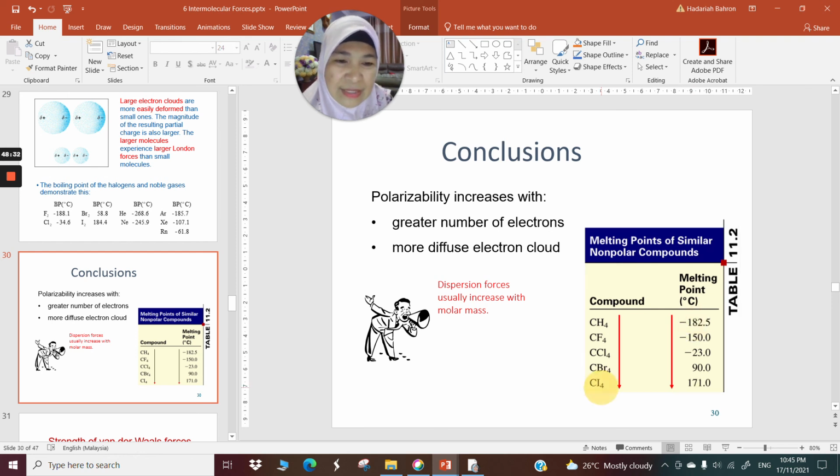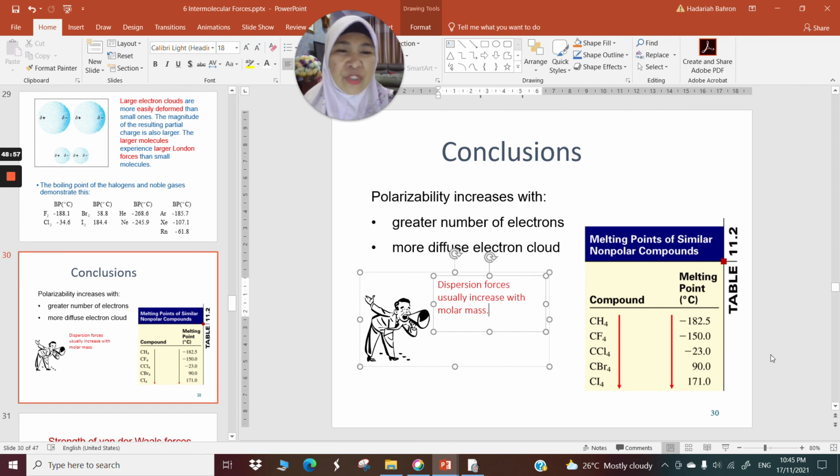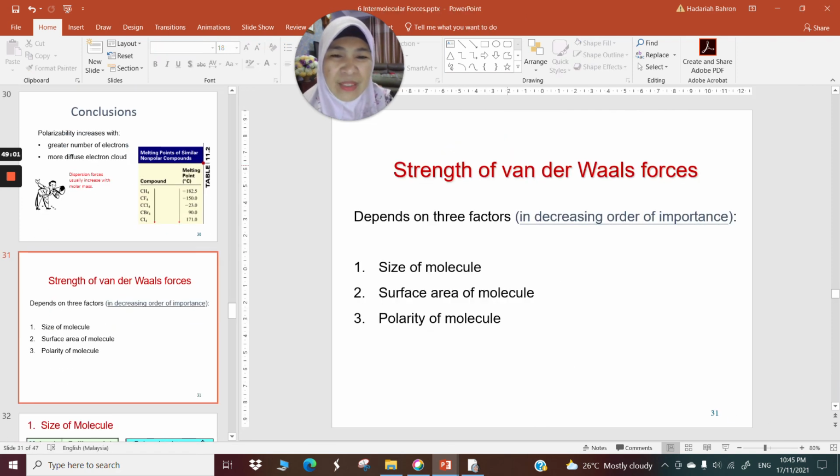This is carbon with 4 iodine, this is carbon with 4 hydrogen, and the smaller one has a very, very low melting point compared to the bigger one. Explain that. You can explain that using dispersion forces that increase with the molar mass.